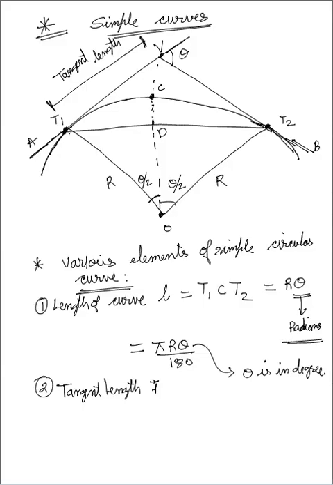This point V I can write as PI also. PI means point of intersection.